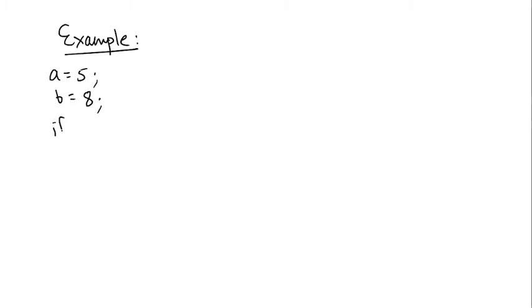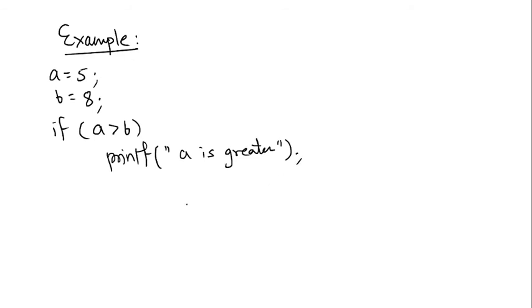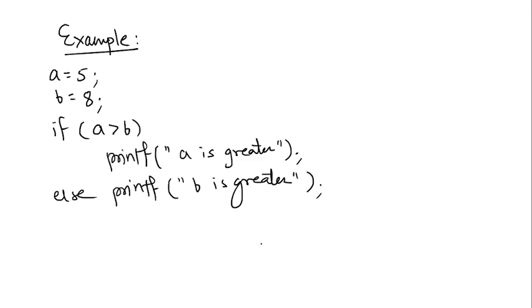If A is greater than B, then printf, let's say, "A is greater". Currently don't look at the type of output; I could say %d is greater and all these things. Else printf "B is greater". So that's a simple example to show how exactly if-else works.